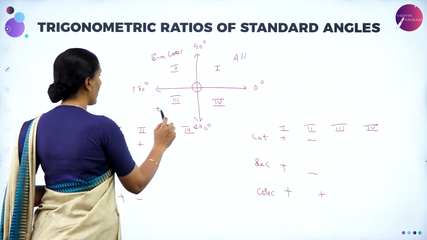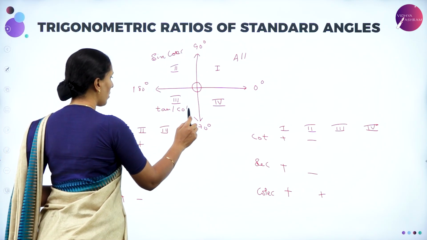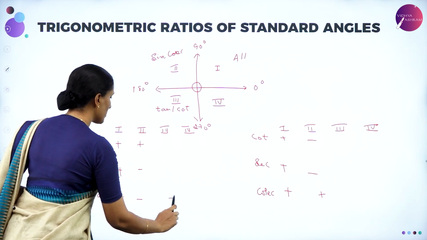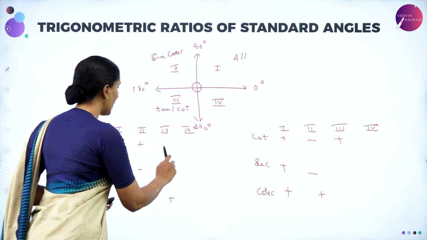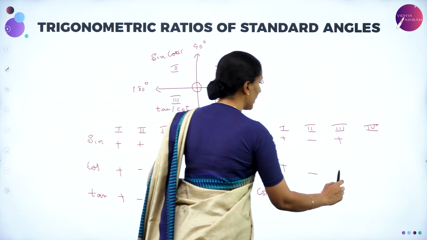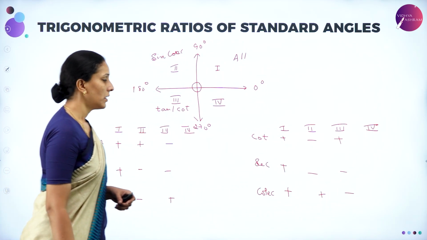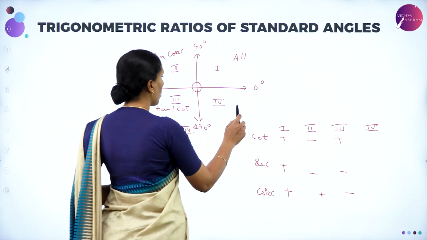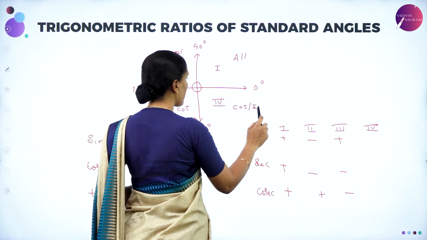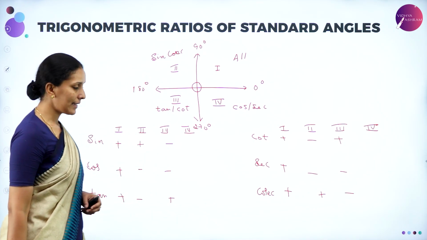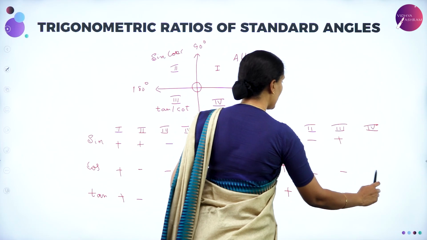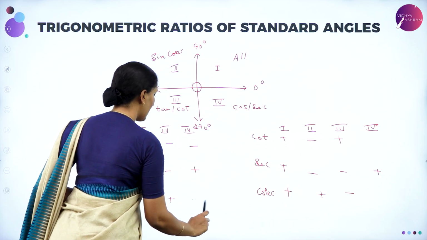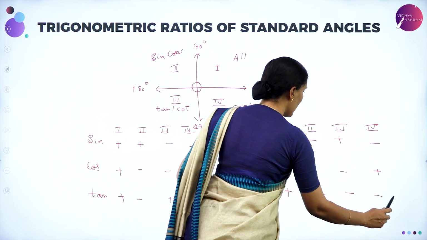Next, in the third quadrant, tan and cot are positive. So tan is positive in the third quadrant, cot is positive in the third quadrant, and the remaining functions all have negative values. Next, in the fourth quadrant, cos and secant are positive, whereas the other remaining trigonometric ratios are negative.